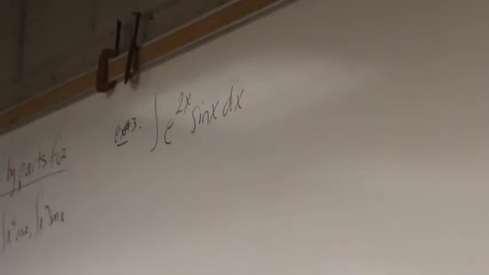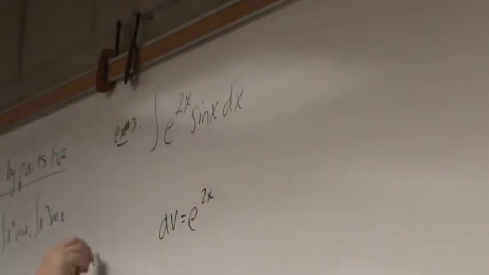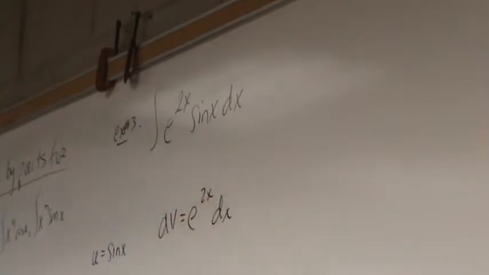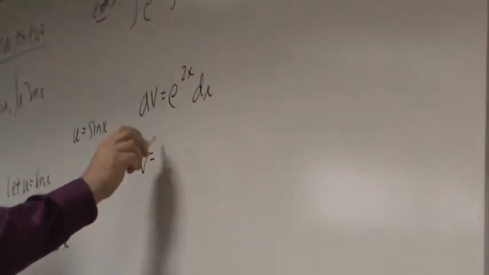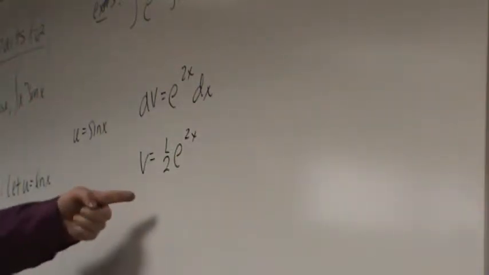So me personally, I have this one quirk. I hate fractions. And if I choose my dv to be e to the 2x because I chose my u to be sine x, so my dv is e to the 2x dx, then my v ends up being 1/2 e to the 2x. And I just have a personal dislike for fractions.